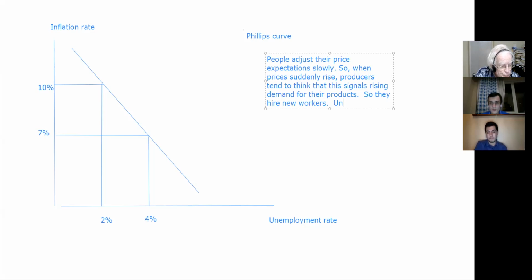And thus unemployment goes down. So there is the relationship between the actual rate of inflation and the unemployment rate. Unemployment falls because people make a mistake about the price.